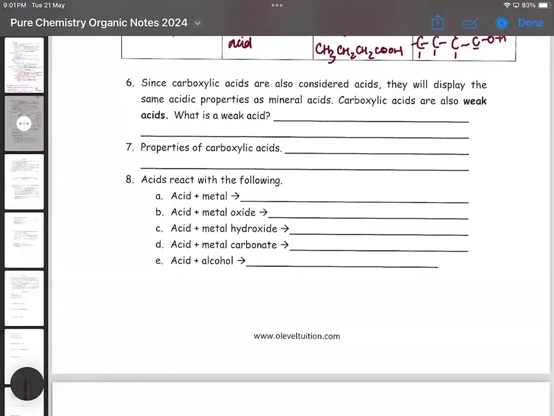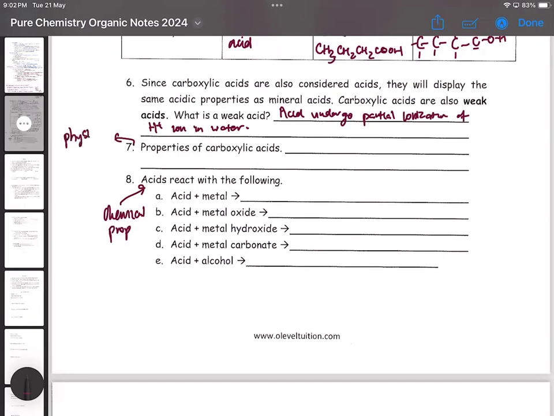Okay, weak acid. So we will mention this here. They are acids that undergo partial ionization. Next, because these reactions are essentially chemical properties, let's talk about physical properties.